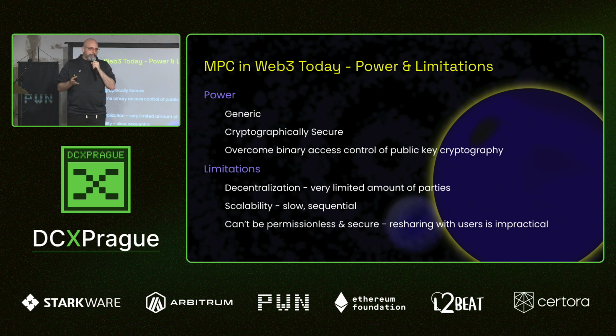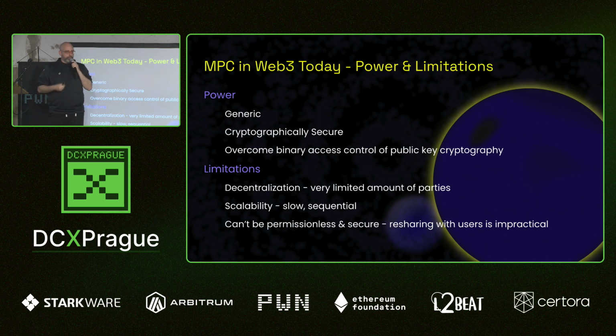So either I give up permissionlessness and just say, okay, these are the parties that are going to do it, like Fireblocks or Copper, and I'm going to be the other party. So it's not permissionless, but now we don't need to reshare. Or I say, okay, let's let go of this security assumption that no one can take your assets without you being able to block them.